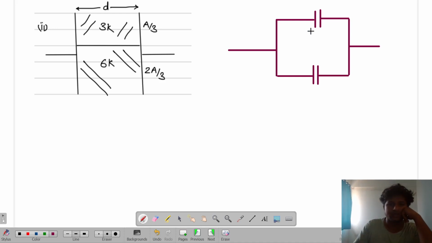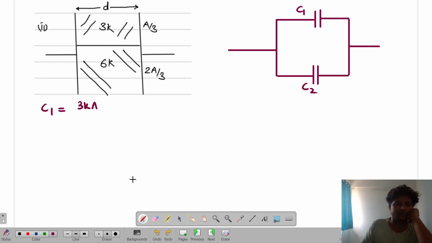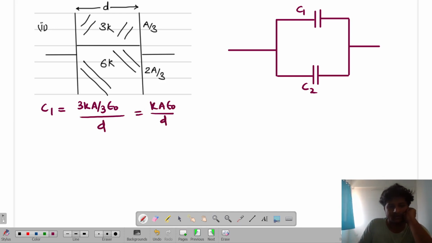Let's suppose this is C1 and this is C2. So what will be the value of C1? This is 3K, so 3K A epsilon naught, but the area is A by 3, divided by the distance, given as D. Heard or not? So this becomes K A epsilon naught by D.